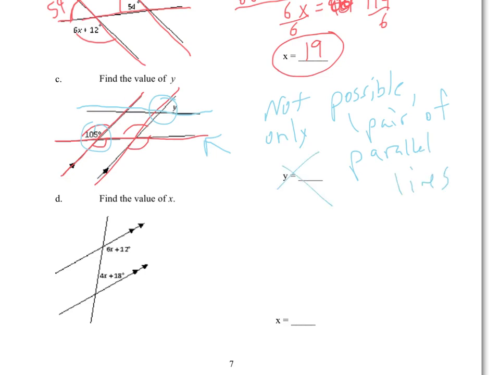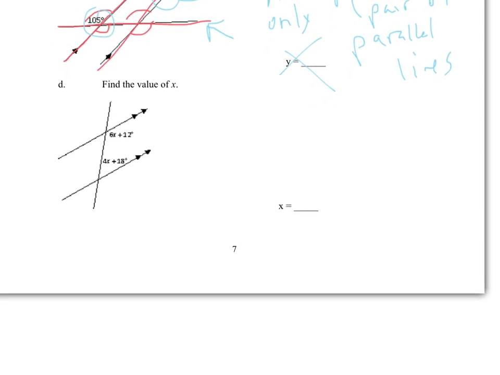Alright, and the last one on this page, find the value of x. Well, we have parallel lines, we have a transversal, which means these two angles are same side interior or consecutive, which means they're supplementary. So 6x plus 12 plus 4x plus 18 equals 180.